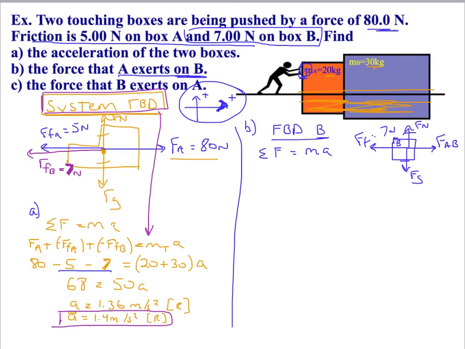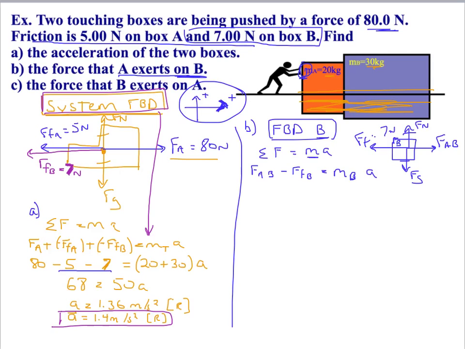Now when I say sum of F, remember sum of F is all the unbalanced forces. Again, normal and gravity cancel. What I'm left with is A on B, pushing to the right, that's my positive direction, and I've got friction, just friction from block B this time. And like we said before, the mass in here is dictated by whatever object I'm looking at. This is just mass B, times acceleration.